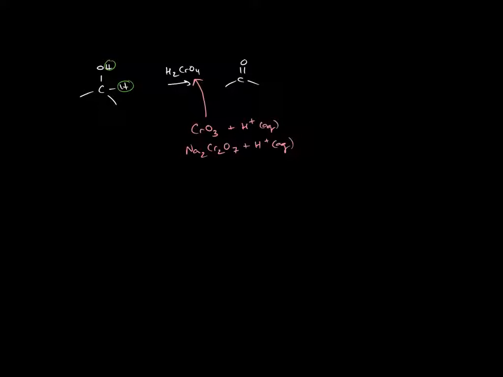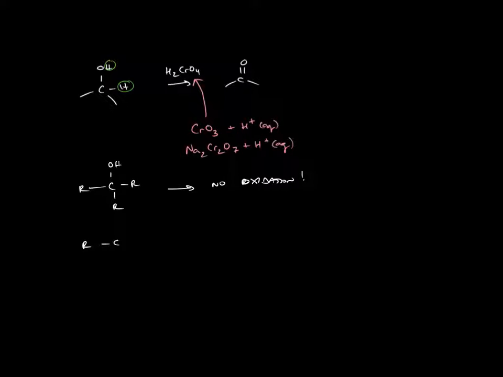And so this will only work if you have a hydrogen and an OH on the same carbon. So therefore, if you were to start with a tertiary alcohol, no oxidation can be done, because there is no H to remove, and so therefore that guy is at its full oxidation state already.